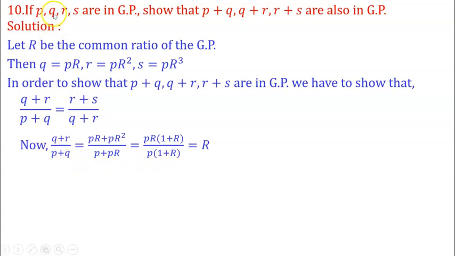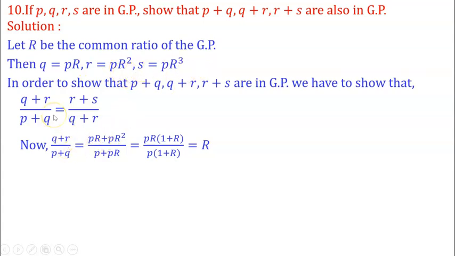Here again see this. q upon p is equals to capital R, and hence we have the value q is equals to capital R into p. And similarly here r upon q is equals to capital R. Therefore r is equals to q into capital R. Then substitute the value of q, which is pR, and therefore the value of r is nothing but pR square. Similarly s is equals to pR cube.